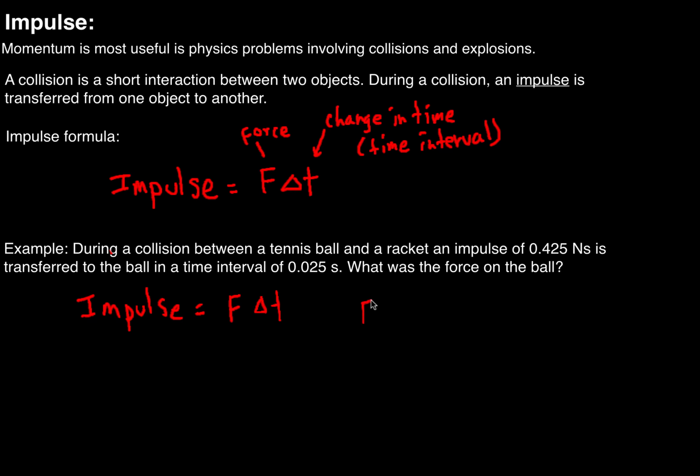We can rearrange this to give us force equals impulse divided by the time interval, which is 0.425 divided by the time interval of 0.025 seconds. This gives us a force imparted of 17 newtons.